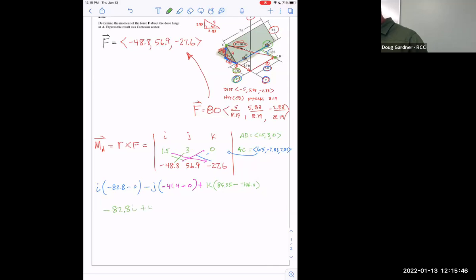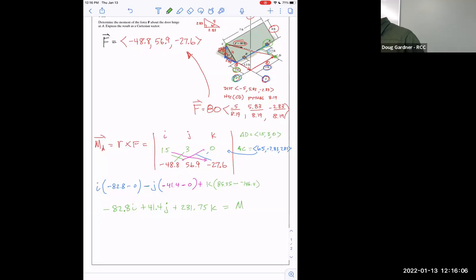I ended up with a positive 41.4 for J, and then 85.35 minus a minus is actually plus 146.4. I got 231.75 for that. Okay, so there's my moment around A as a vector.